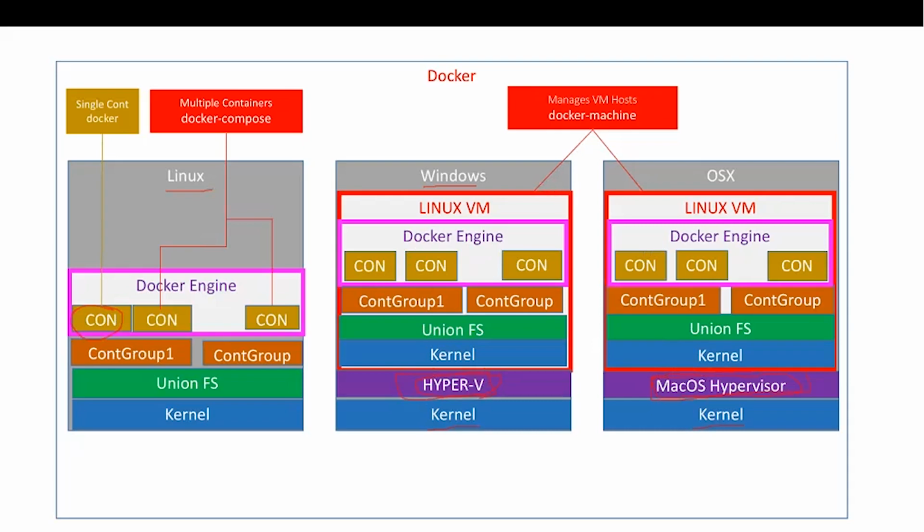And then essentially it creates a Linux environment inside of that VM. It's the same stuff that's over here. So what's the difference? The difference is that Windows and Mac both use a VM and they build a Linux box inside of that VM. All right. Any questions about that?